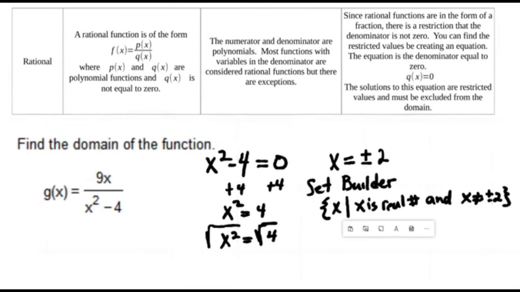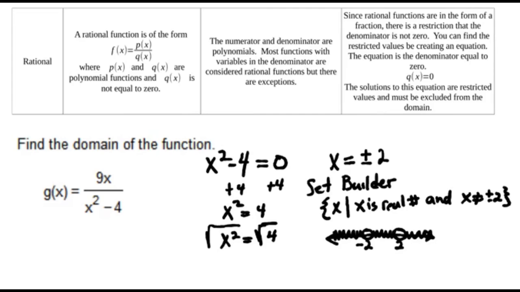Another way we could write the domain would be in interval notation. So in interval notation, I like to draw a number line, and you're going to mark on that number line the restricted values of -2 and 2. We'll mark those restricted values with an open circle to indicate that those values are not in the set, and we can shade all of the other values.